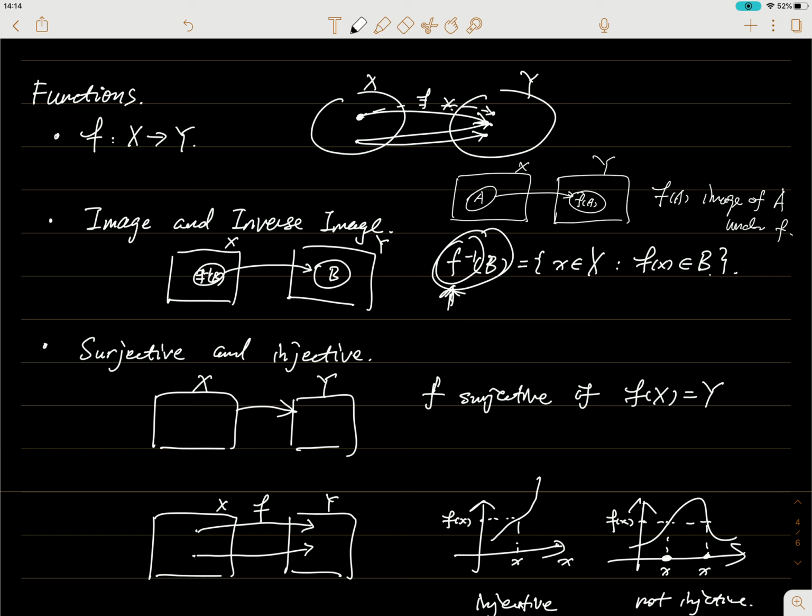The pre-image is this. The pre-image, or the inverse image, is defined in this way.